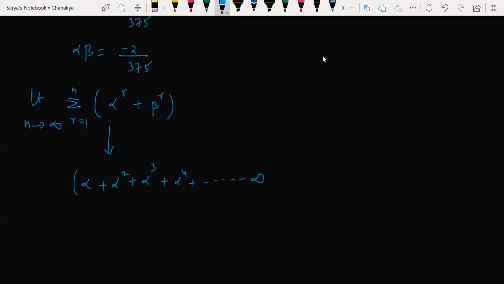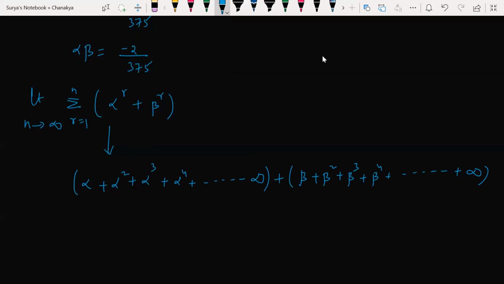Understood my point? Plus beta. Now you write like this. You just separate it, no problem. Now plus beta. If I substitute 1, beta to the power of 1 is beta. Beta square plus beta cube plus beta to the power of 4 and so on till infinite.